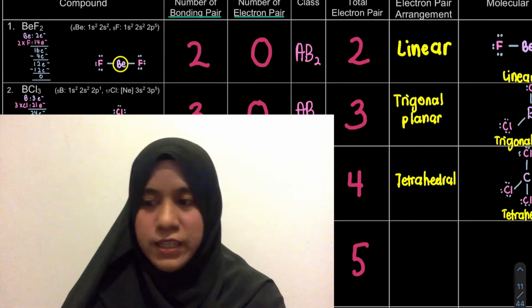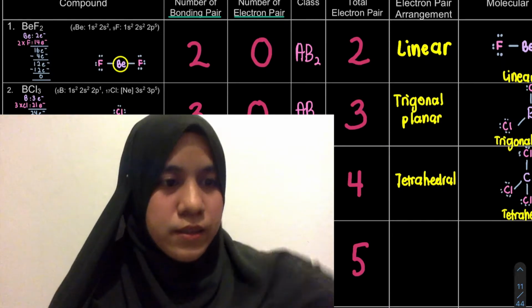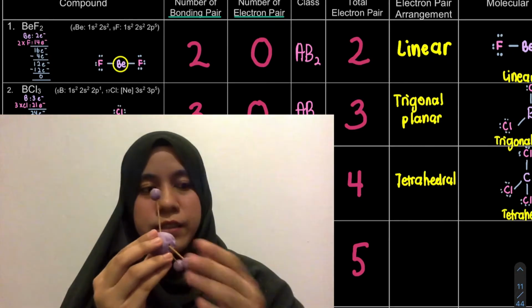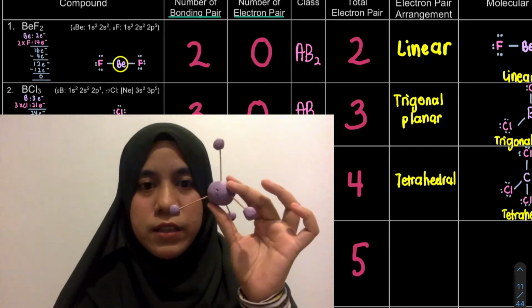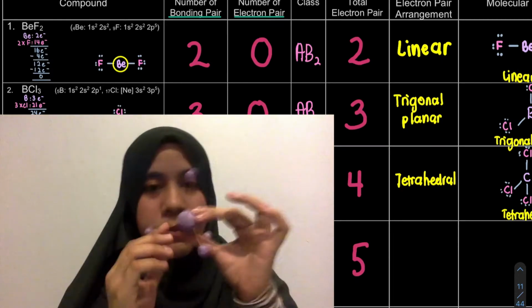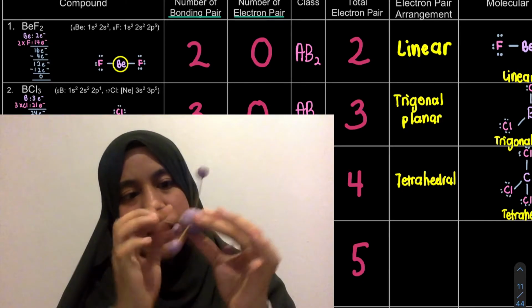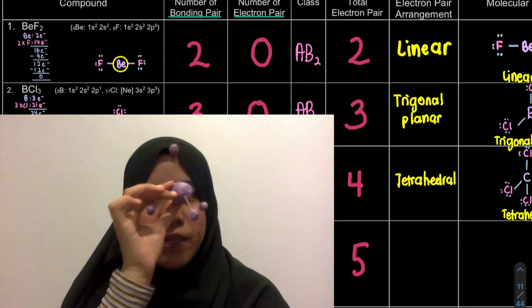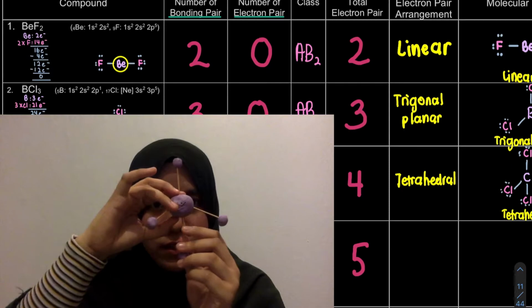Okay, so tadi kita punya tetrahedral kan. So tetrahedral kita, sekarang ni we're gonna add one more bonding pair. So kat mana Miss nak letak lagi? Miss nampak paling senang, nampak cocok je lah kat bawah ni. Ting.